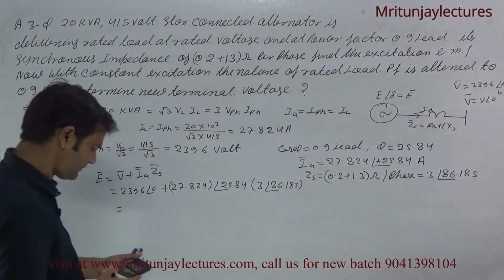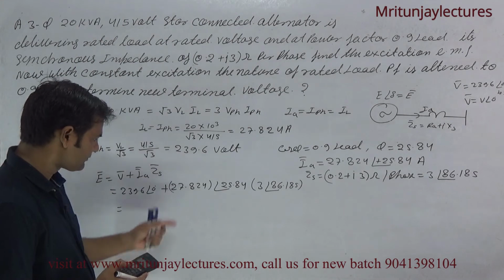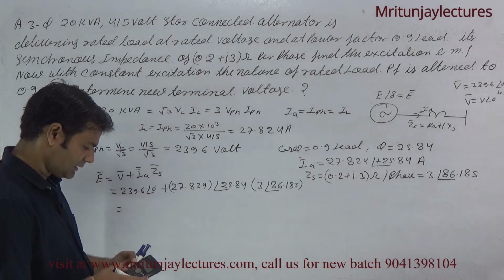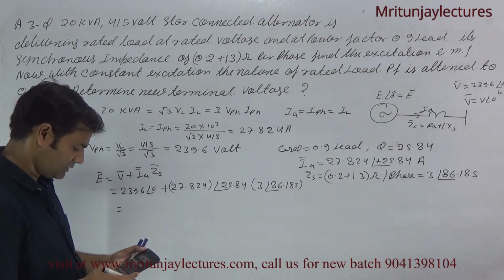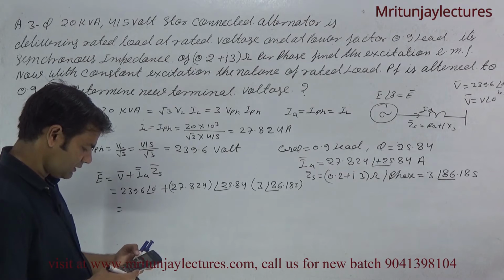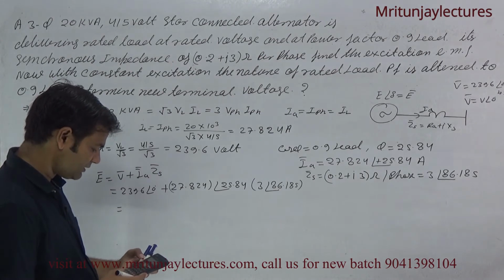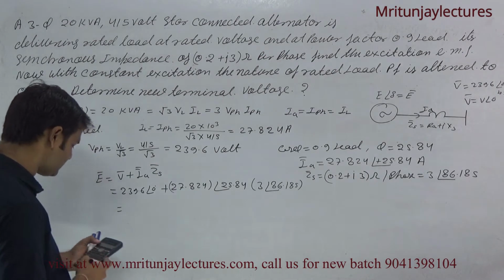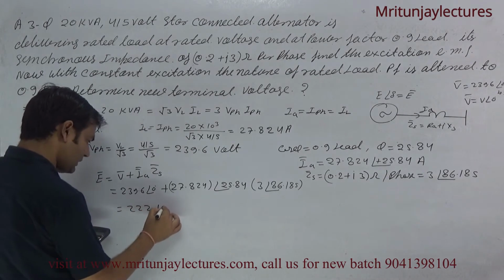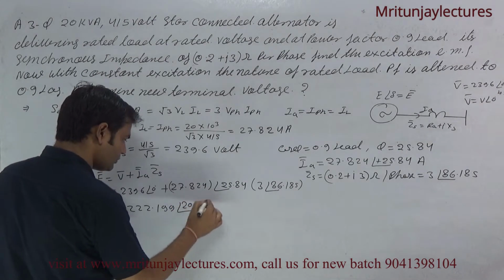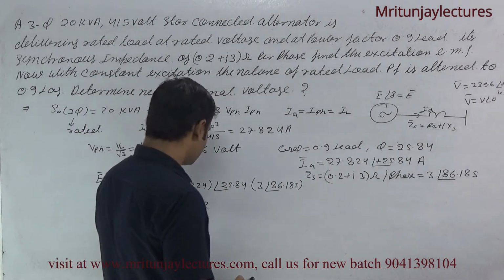Finally we got 3 at the angle 86.185 into 27.824 at the angle 25.84, plus 239.6 at the angle 0. If converted to polar form, this is 222.199 at the angle 20.42. So what about the excitation angle?